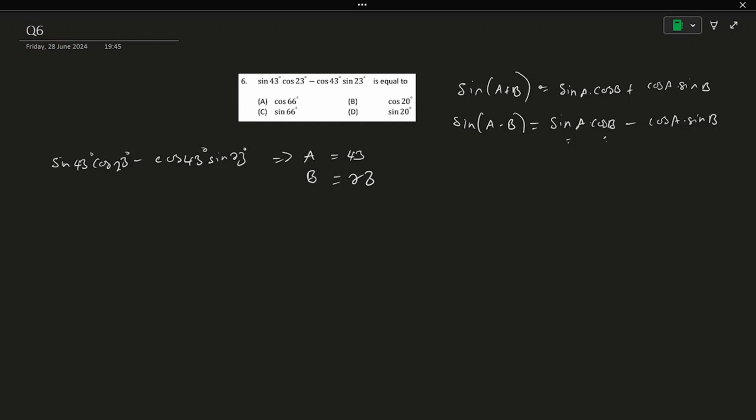In other words, we can rewrite this as sine A minus B, because this minus is this minus, as we can see from the identity. So sine A minus B implies sine 43 minus 23. In other words, we're going to have sine 20, which is D.